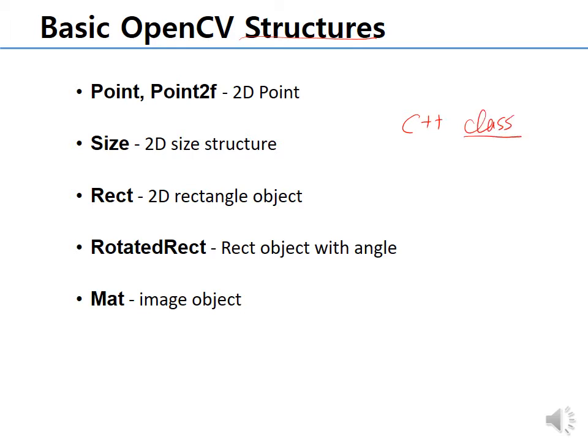So we will start with Point, Size, Rect that contains a rectangular object, and RotatedRect, which contains rectangular information and angle information, and Mat contains the image data. So this is a very important structure.